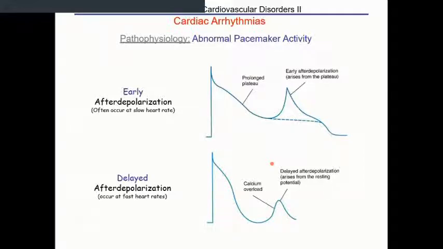You also have your delayed afterdepolarization, which usually occurs at faster heart rates. And we have mentioned earlier that the mechanism of your early afterdepolarization has something to do with your L-type calcium channels, while your delayed afterdepolarization has something to do with influx of calcium leading to calcium overload, leading to delayed afterdepolarizations.